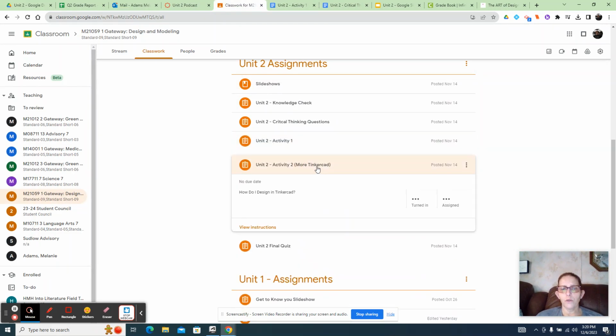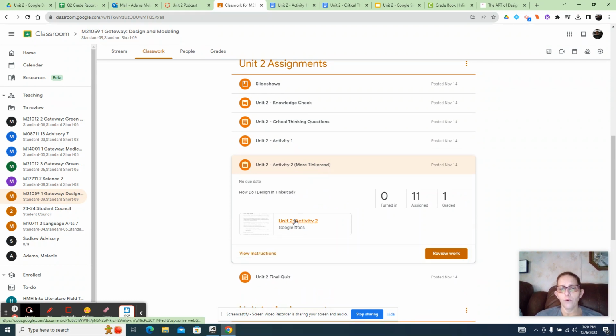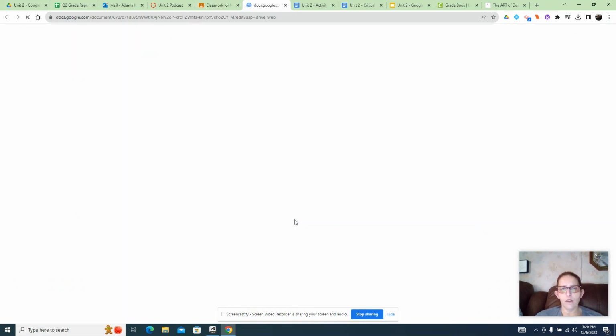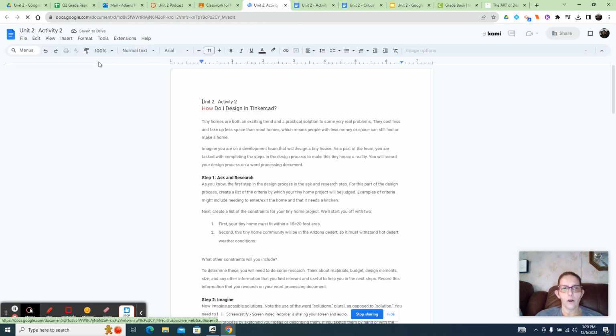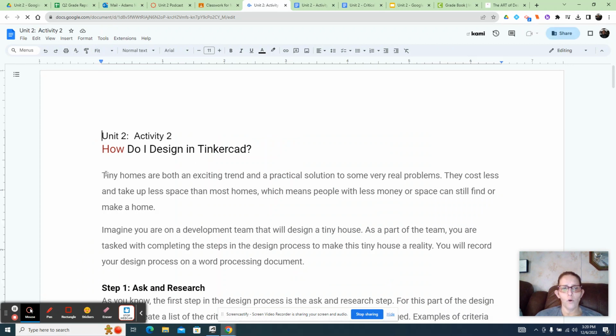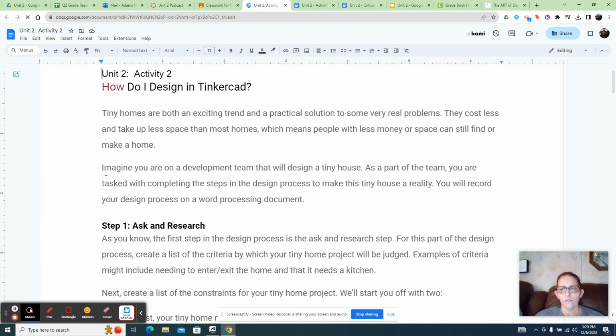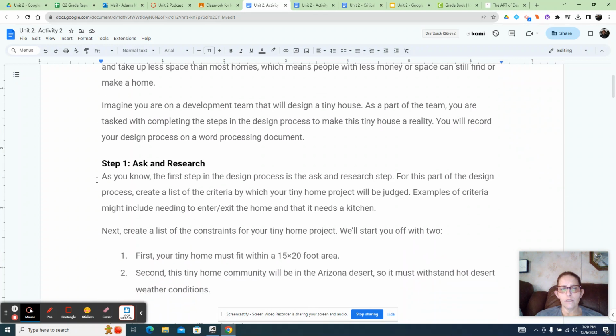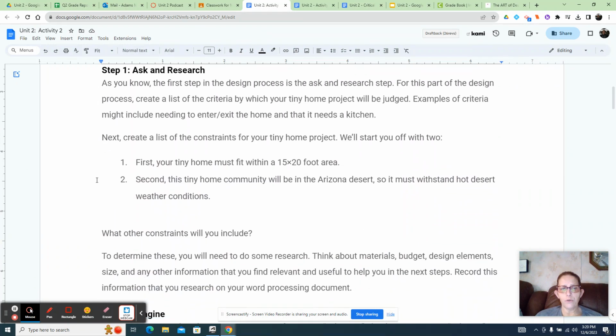And then your Tinkercad house. I will do a separate Tinkercad video for this one. But essentially, you are creating a Tinkercad tiny home. So similar to what you did in Tinkercad before, you're going to create a home that fits within a 15 by 20 foot area.